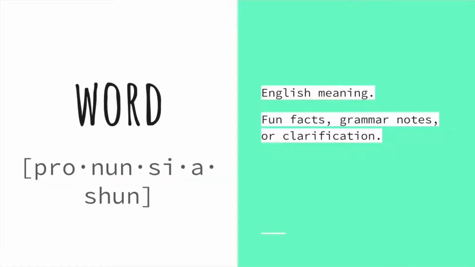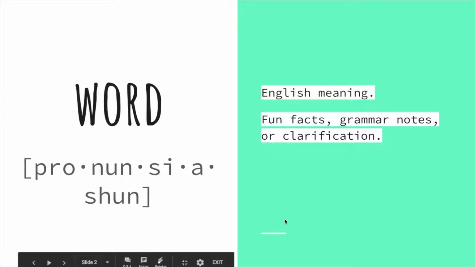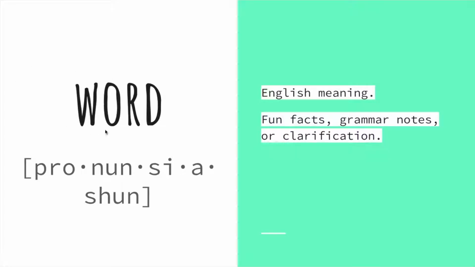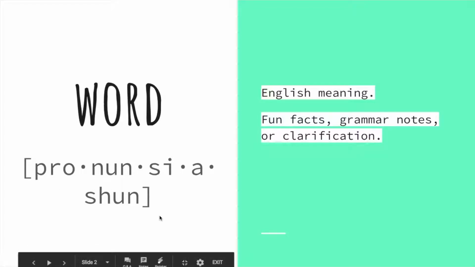The first thing that we're going to talk about is the way I design these presentations. So over here on the left side, you're going to see the word in Spanish, and then underneath it, you're going to see a phonetic pronunciation.